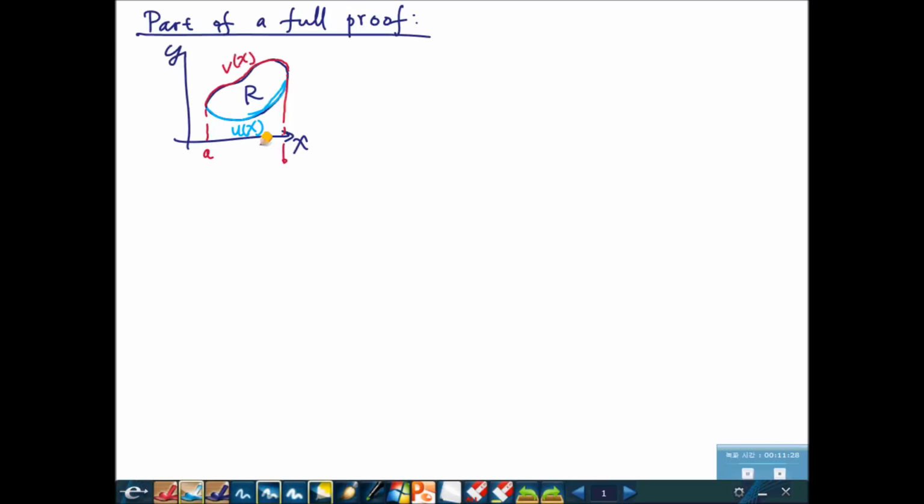On the y perspective, same thing, so it has to look like that, with y from c to d, and the bounds are q of y and p of y.